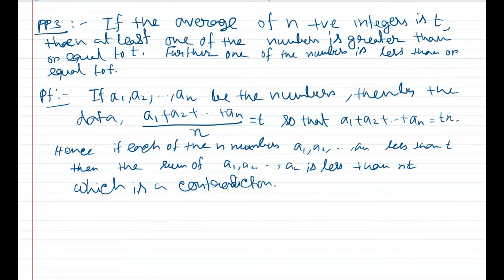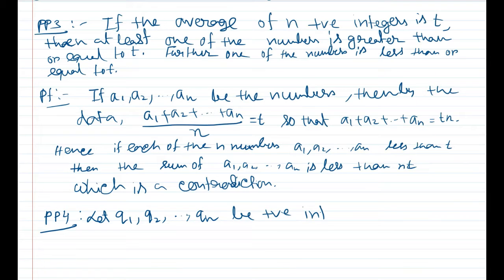Okay, now the last principle, which is called PP4. Okay, these are all equivalent. Let Q1, Q2, ..., Qn be positive integers.